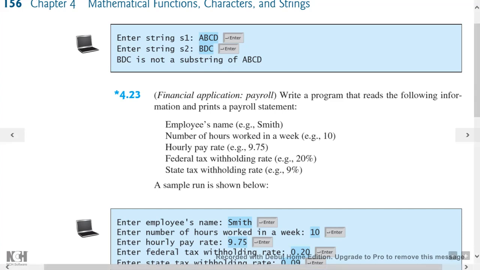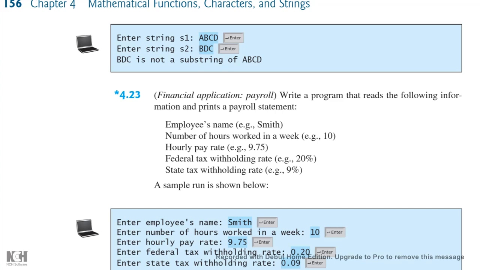Okay, so let me read through the question. It's a financial application problem. We have to write a program that reads the following information and prints a payroll statement. For instance, the employee's name is Smith, number of hours worked in a week is 10, and hourly pay rate is 9.75. A federal tax withholding rate is 20%.